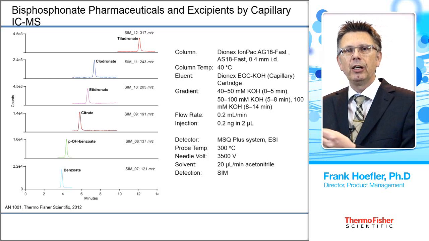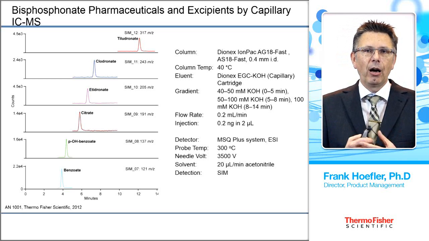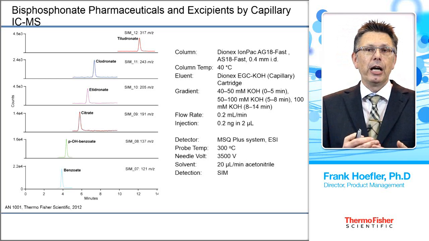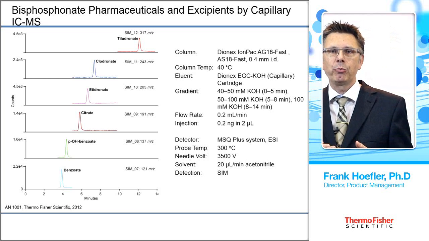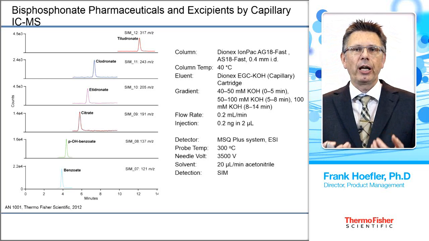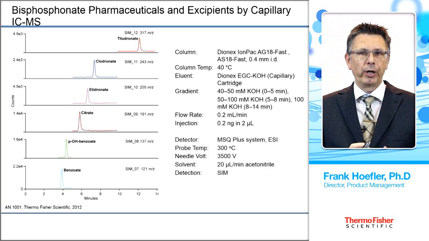But going to even lower flow rates helps us to increase the sensitivity of the electrospray ionization process and boosts up the sensitivity in the mass spec. In addition to that, we are also bringing less matrix into the ion source, and maintenance like cleaning of the ion source is less an issue if we reduce the flow rates.